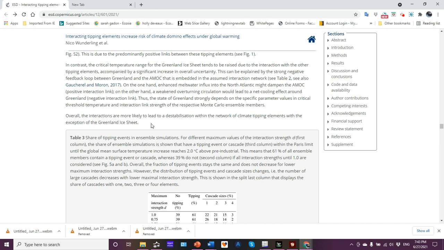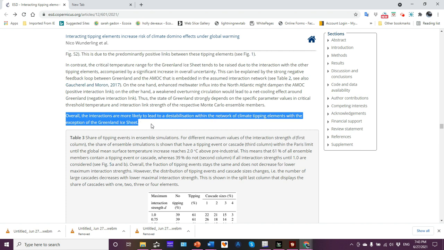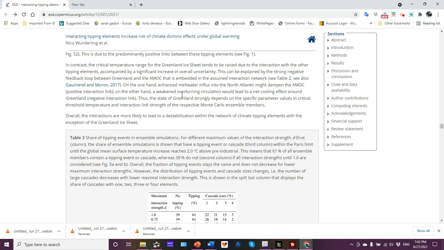Overall, this is the summary of the results. Overall, the interactions are more likely to lead to a destabilization within a network of climate tipping elements, with the exception of the Greenland ice sheets. But they kind of hinted at it here.